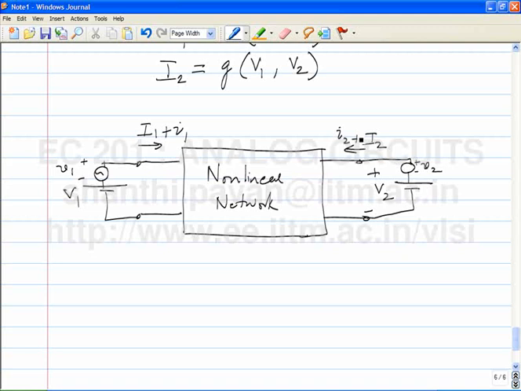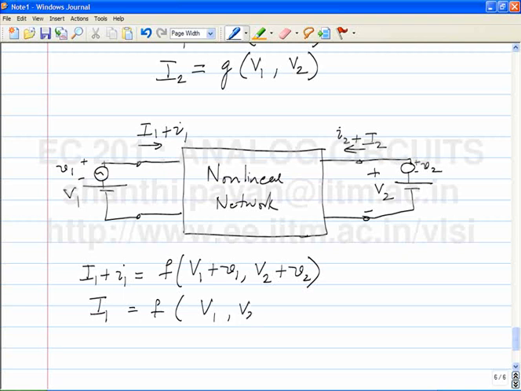Okay? So in other words, I1 plus small i1 is f of V1 plus small v1 comma V2 plus small v2, but I1 itself was equal to f of V1 comma V2.